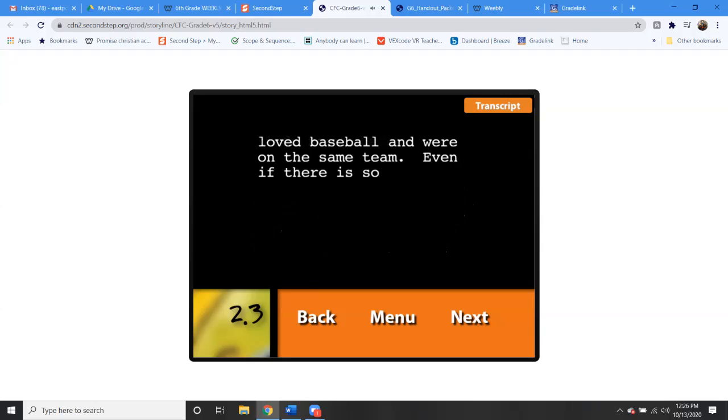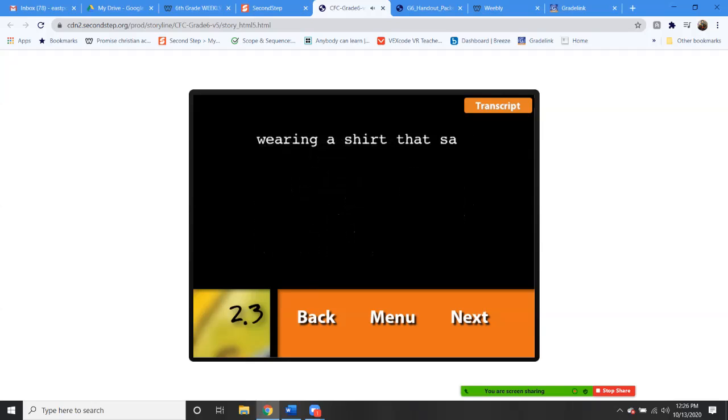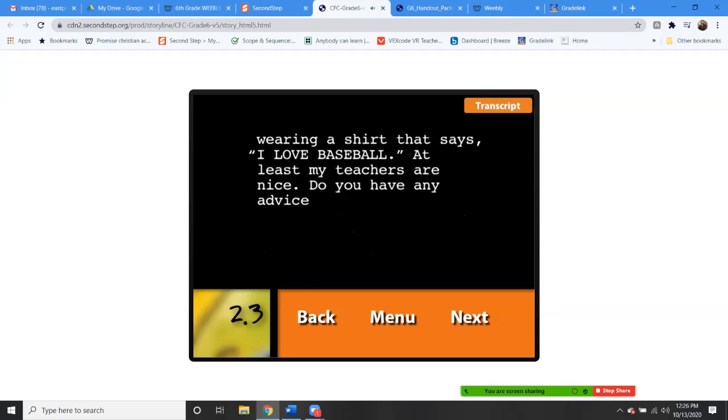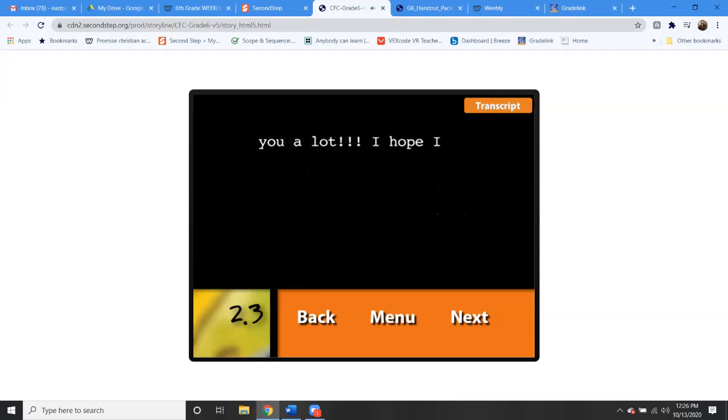Even if there is somebody in the school who loves baseball, baseball doesn't start till spring. In the meantime, I can't just go around wearing a shirt that says, I love baseball. At least my teachers are nice. Do you have any advice for trying to introduce yourself to other people to try and make new friends? I miss you a lot. I hope I can visit you sometime. Any advice will help. Your friend, Leo.